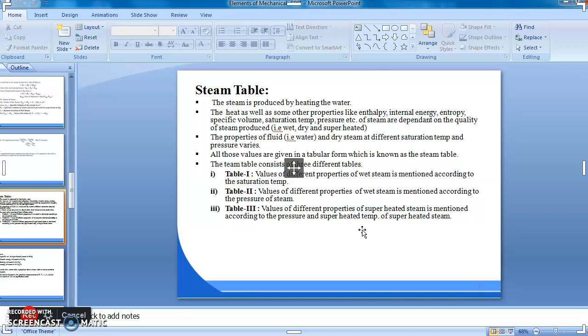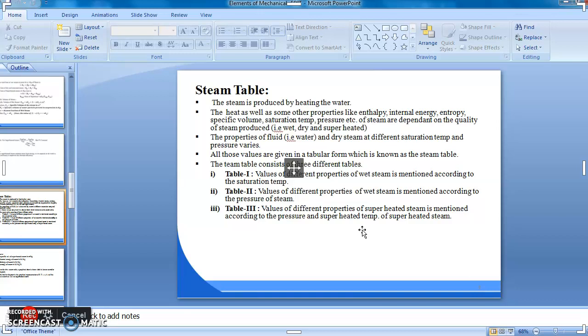In table 1, the values of different properties of wet steam are given according to the saturation temperature. We know the saturation temperature varies from 0 to 374 degrees centigrade. For each temperature value, there will be different enthalpy, internal energy, entropy, specific volume and so on.